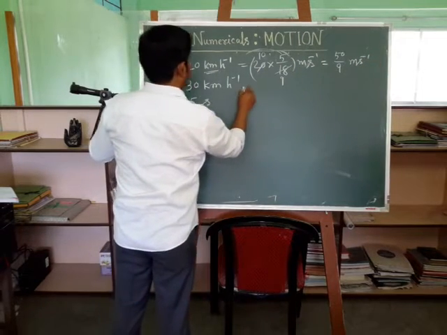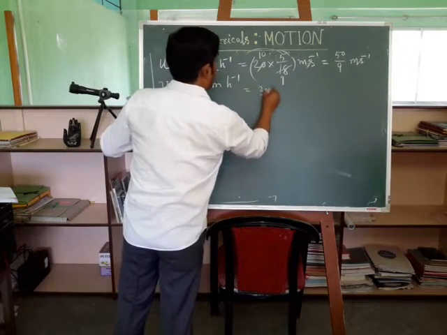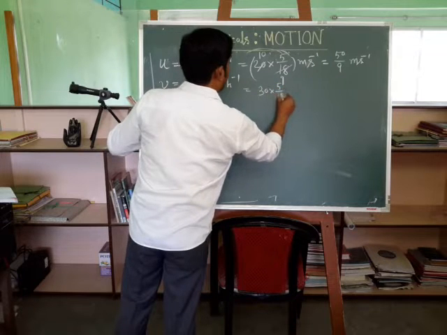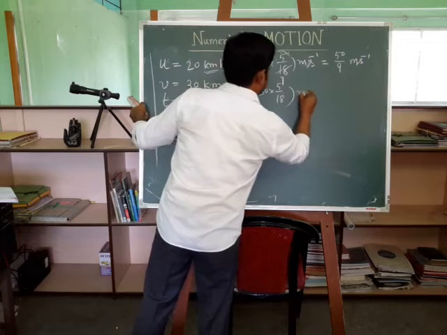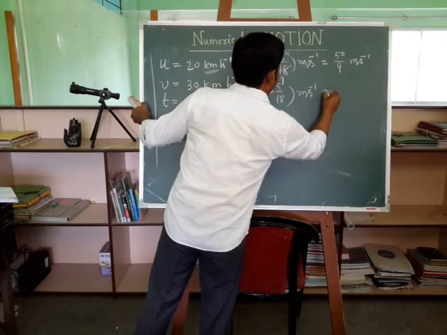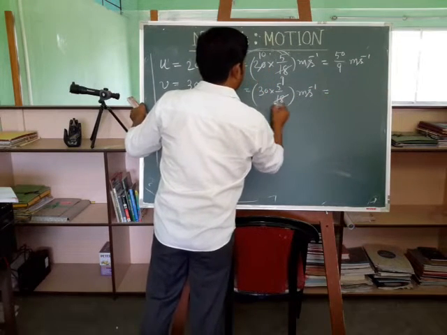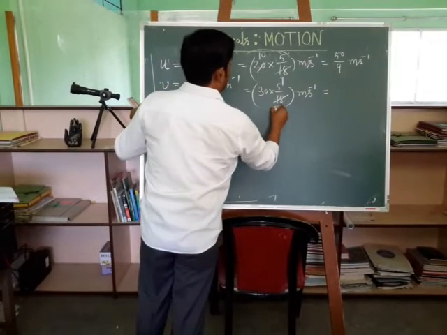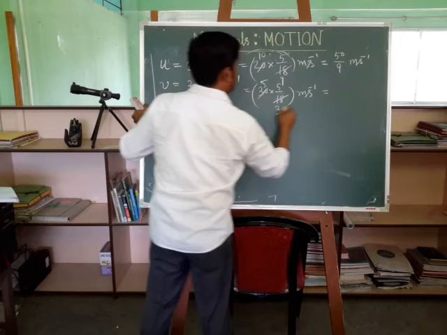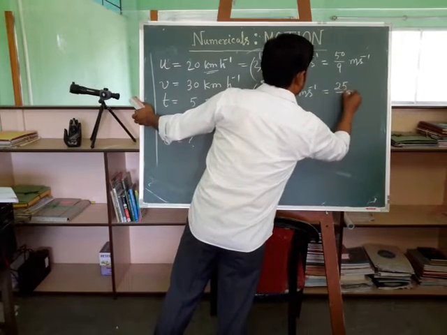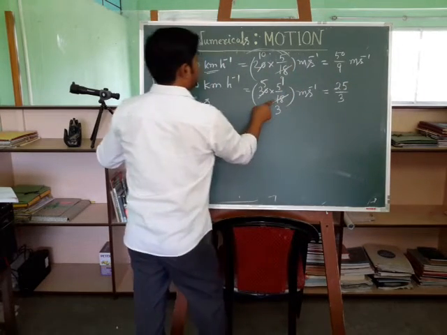Final velocity, that will be 30 into 5 upon 18, and that is meter per second. Okay, this will be how much? 3, so 25 upon 3, right?